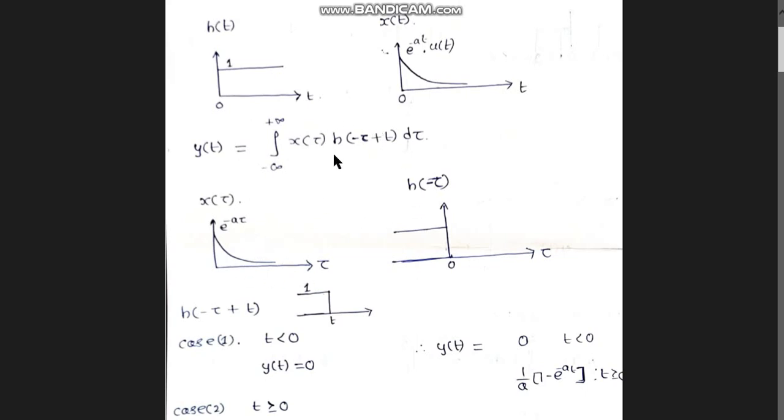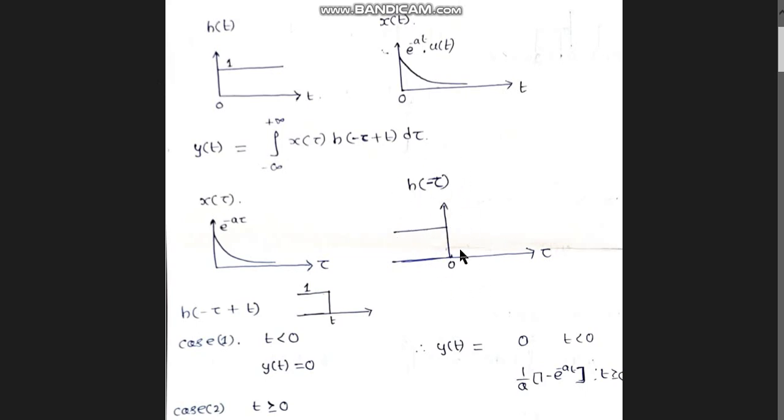Next, we have to find h of minus tau. We know h of t. h of tau also looks the same, with the x-axis as the tau axis, and h of minus tau is the flipped version of that. We flip the function to the left side to get h of minus tau.